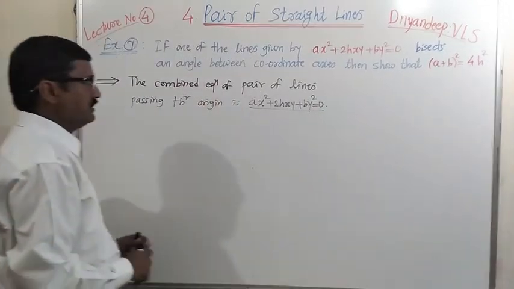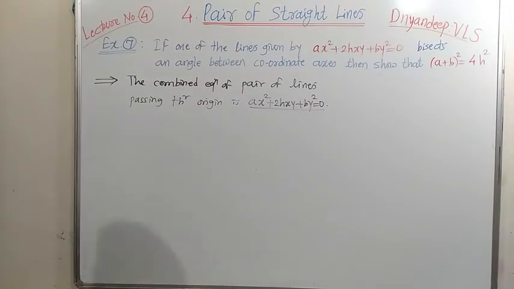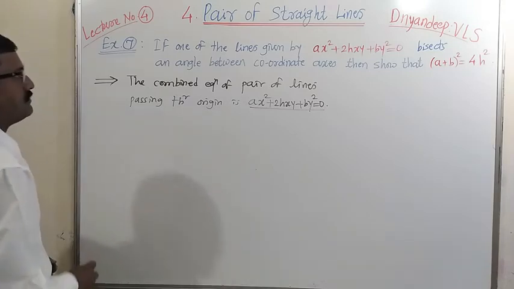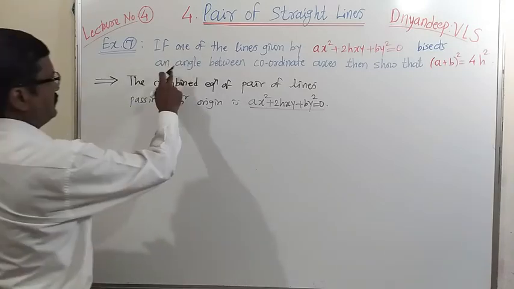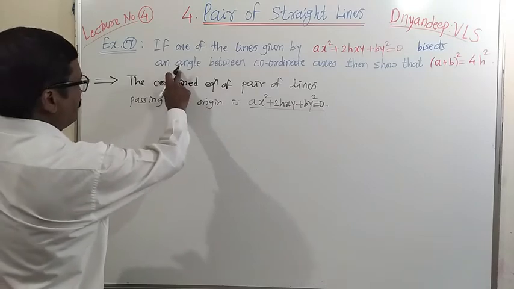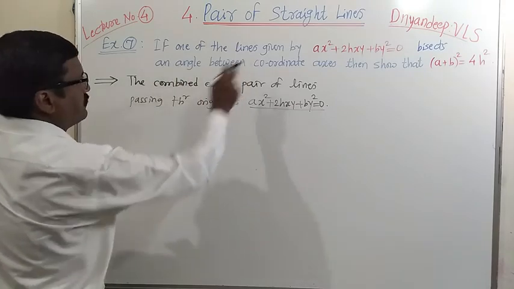That is given here. Okay. And one of the lines bisects an angle between coordinate axes.